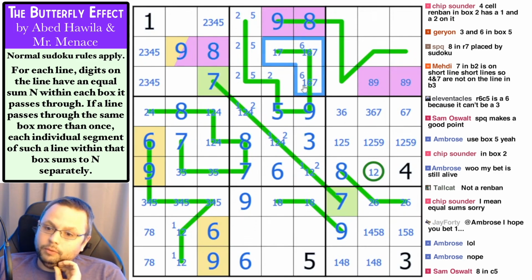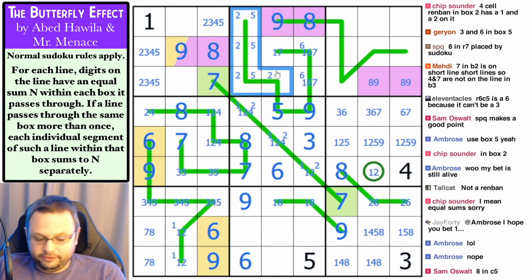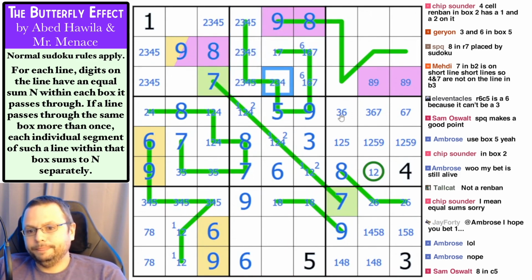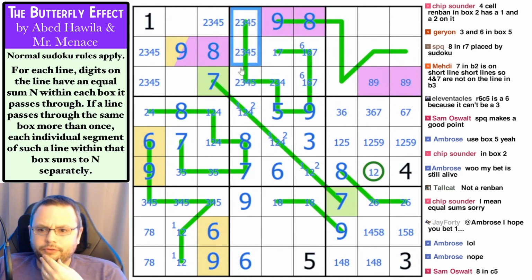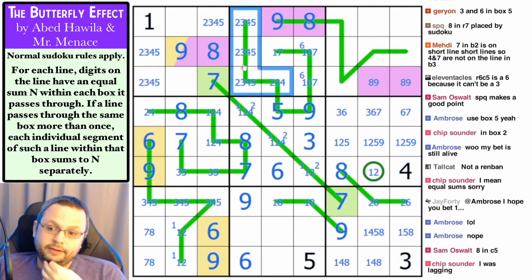So that works. So that means these digits I could just write in. These are a 2, a 3, a 4, and a 5. That one's not a 5. So 2, 3, 4, 5 does indeed total 14. So good for us in that regard.